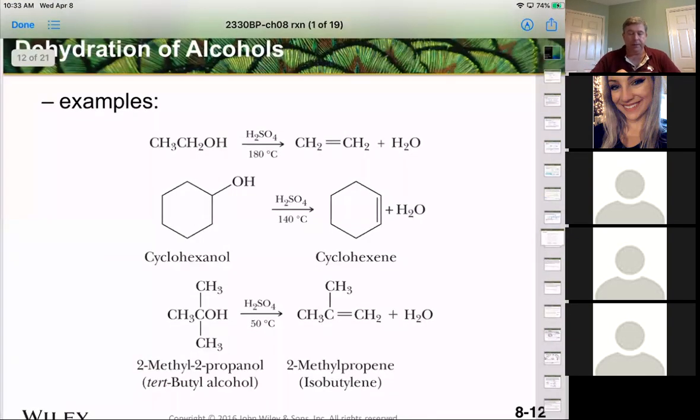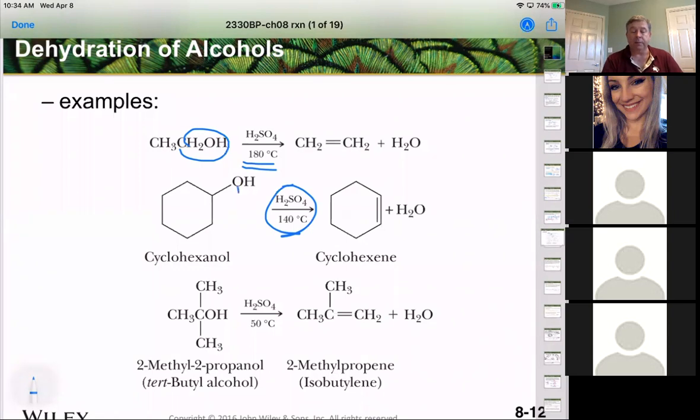So this is an example of how we dehydrate alcohols. I just want to do this one, and then I want to transfer over to the benzene reactions. But the key here is that primary alcohols take high heat and lots of acid. Again, acid's first step is protonating this to give us our leaving group here. It takes a little less heat to give us our secondary alcohols, but they will eliminate as well.